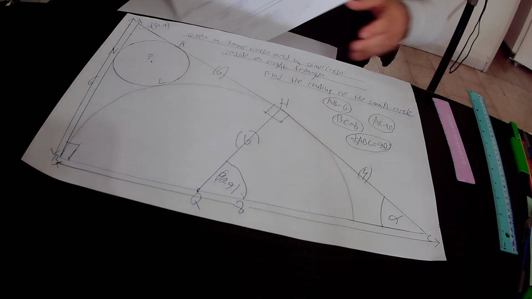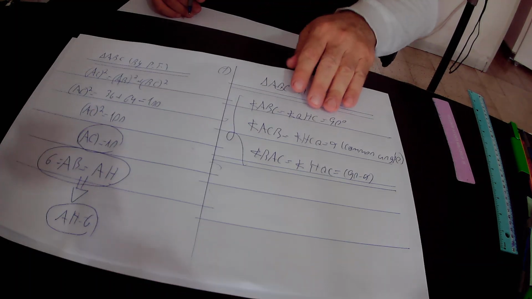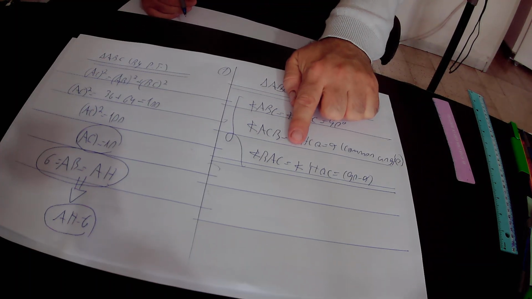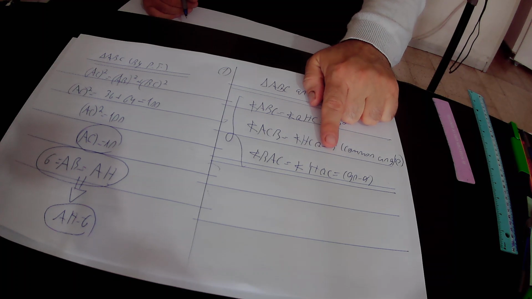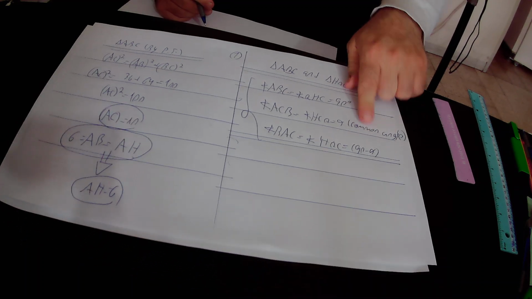Repeat again. We found out that angle BAC in the big right triangle ABC equals angle HQC in the small right triangle HCQ. They are both equal to 90 degrees minus alpha, therefore they are equal to each other.